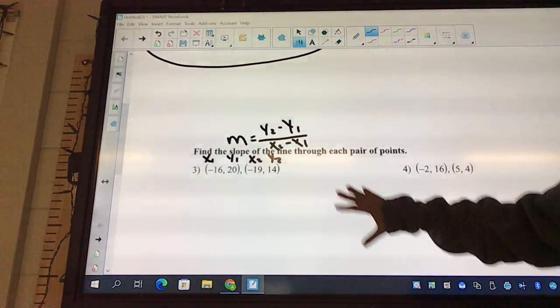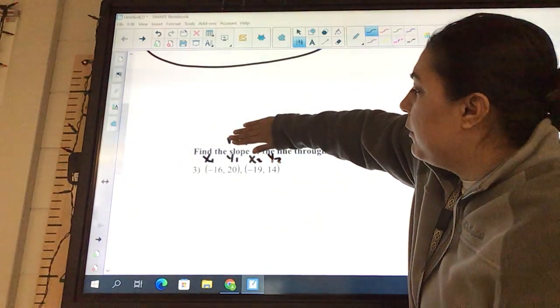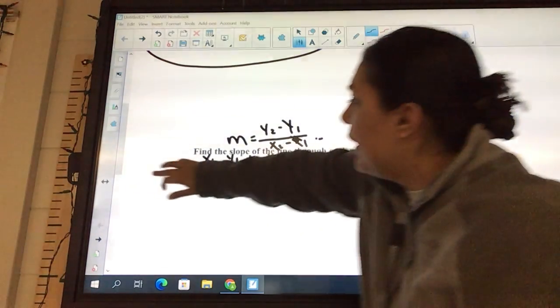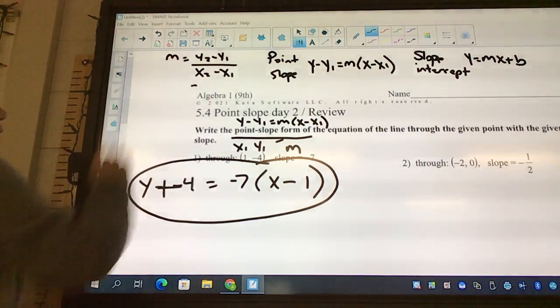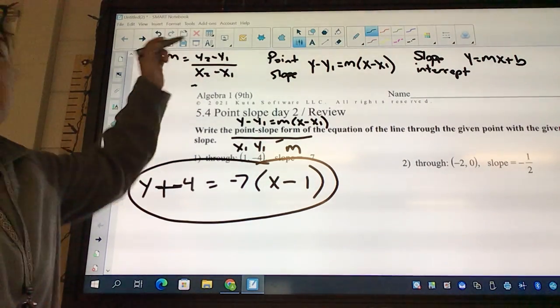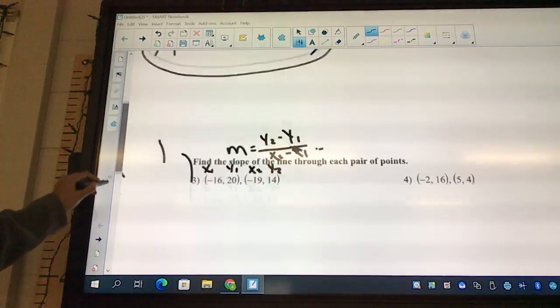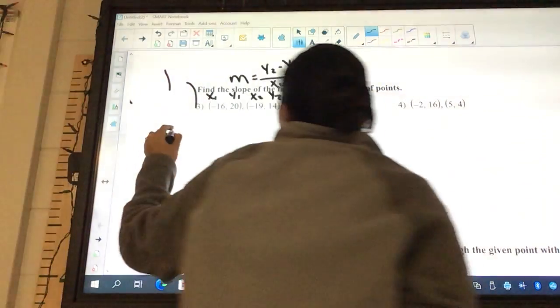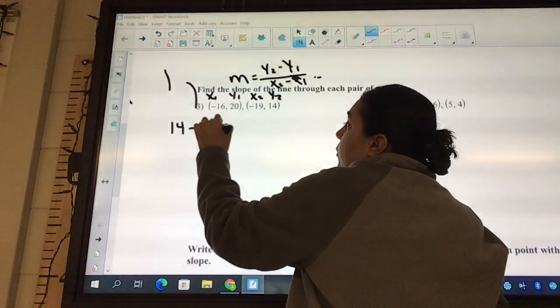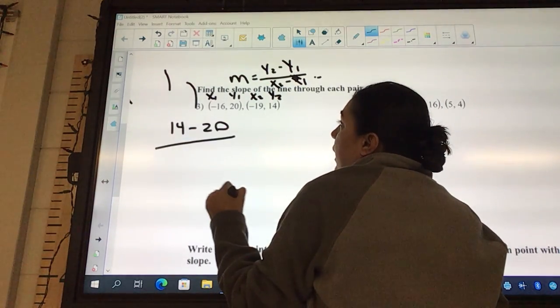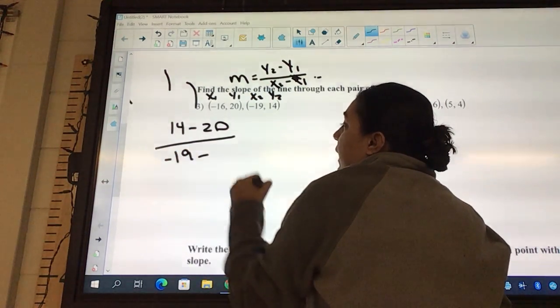If you didn't know, you could look at this and say, which formula has x1, y1, x2, y2? The only option up here is this one. That's the only one that has those x2s and y2s. So we're going to say y2, 14, minus my y1, which is 20, over x2, which is negative 19, minus x1, which is negative 16.